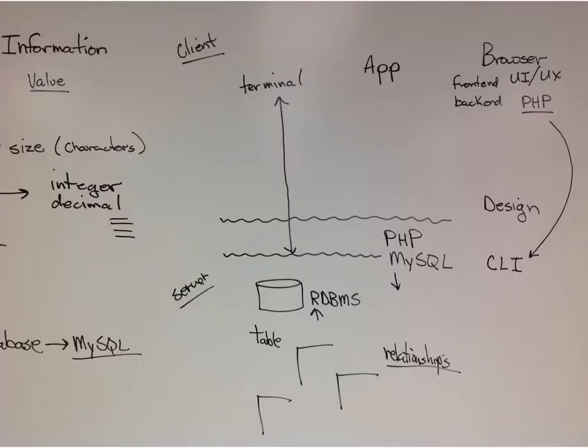So in this diagram, I started out here. I said we can have a relational database. Somewhere on a hard drive, we're going to store the table. We can have a logical view that the data exists in tables, and then between the tables, we form some type of relationships.